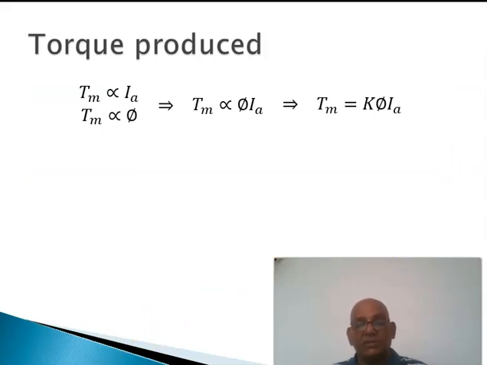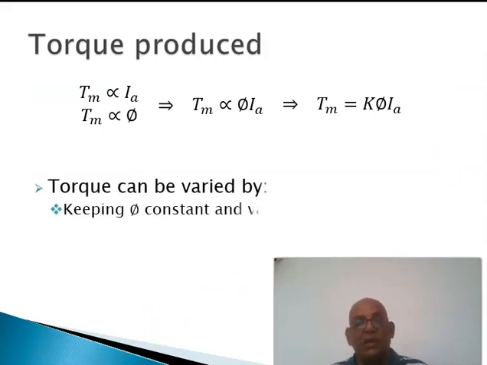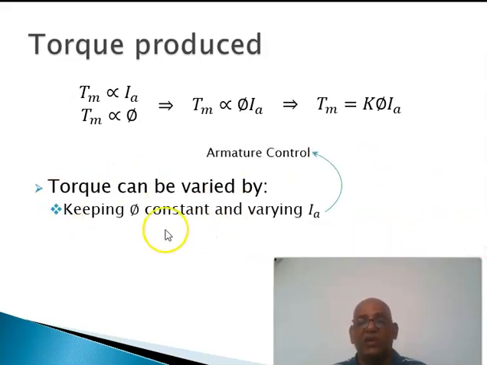If such is the situation, we can obtain different motor torques. That is, we can achieve the required torque by varying Ia, that is armature current, and keeping phi constant, in which case we call it armature control.